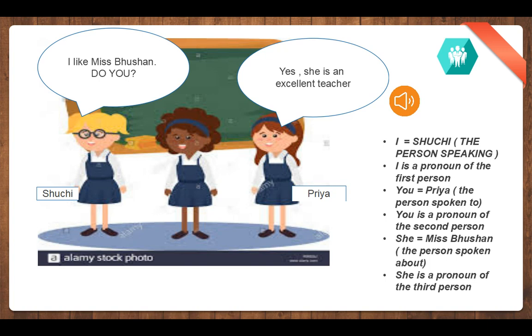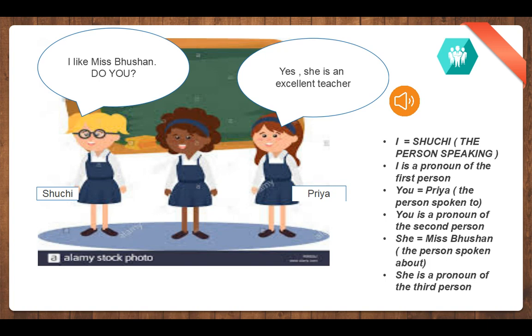I is a pronoun of the first person and you is Priya, the person spoken to. You is a pronoun of the second person. She is Miss Bhushan, the person spoken about. She is a pronoun of the third person.